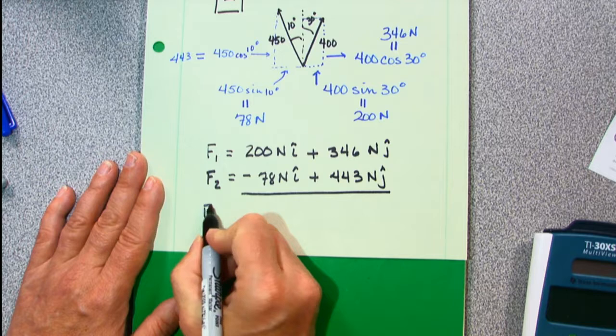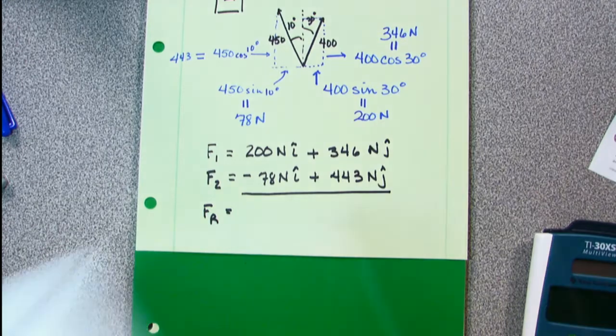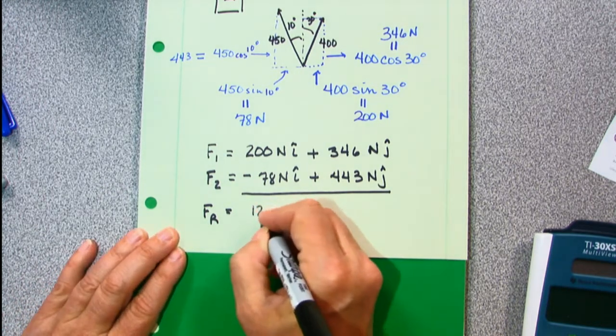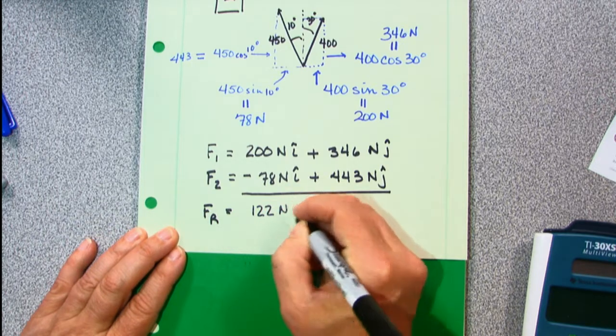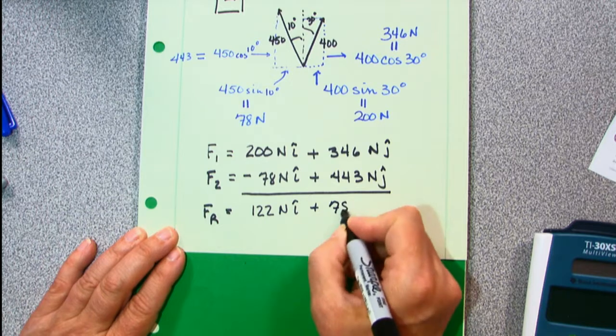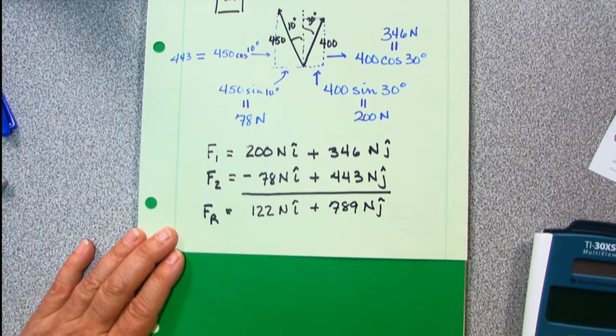My resulting force is going to be 122 newtons in the i direction, 789 newtons in the j direction. So that's the actual vector.